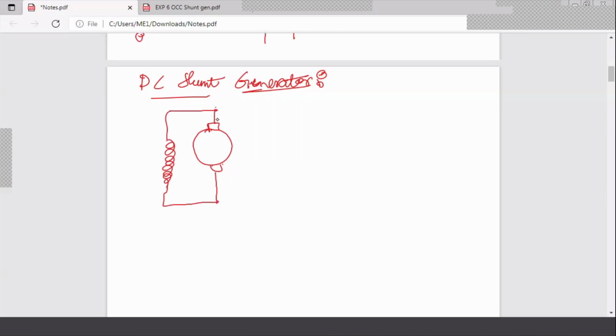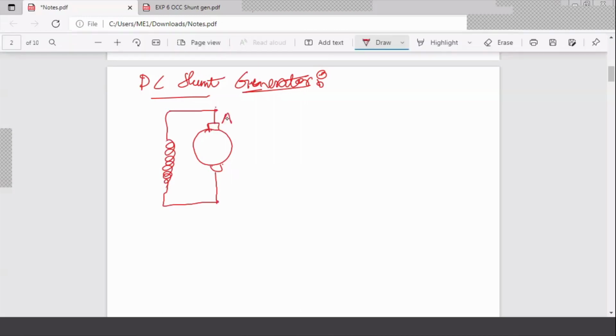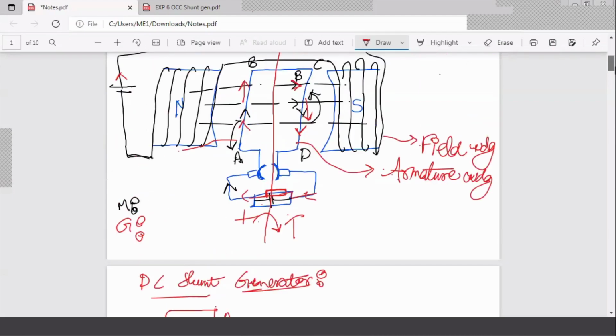So if I say that this is A and this is AA, armature connections. Whatever we have drawn between these 2 points is the armature winding I said, right? This winding will have some amount of resistance. It will develop some amount of EMF, right? Induced EMF for a generator, isn't it?